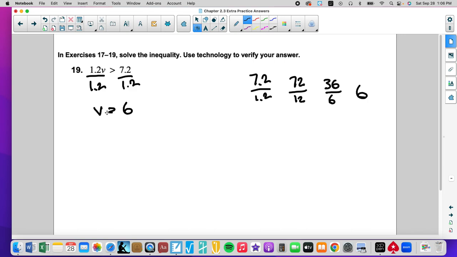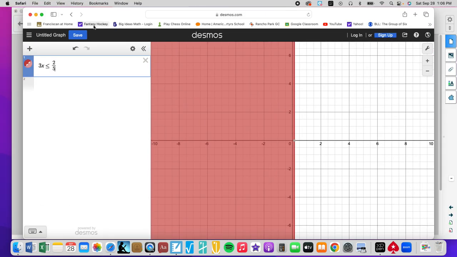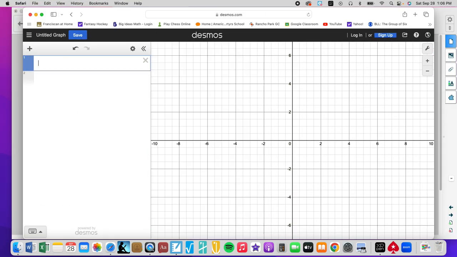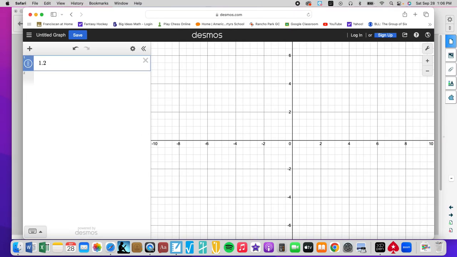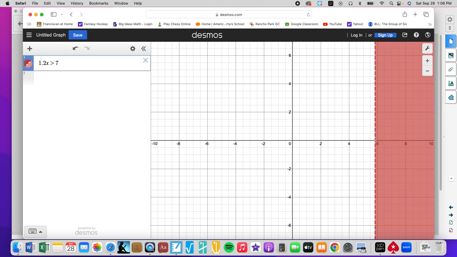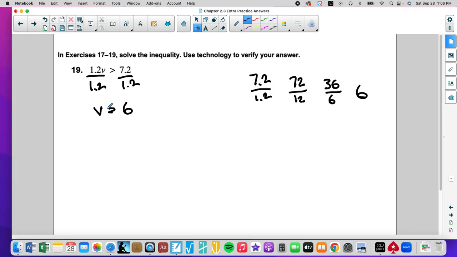Do I still have Desmos in there? Yeah, I do. So let's write a new equation and use technology. 1.2x is greater than 7.2, and we get values that are greater than 6, and that coincides with solutions are greater than 6. Nice, right?